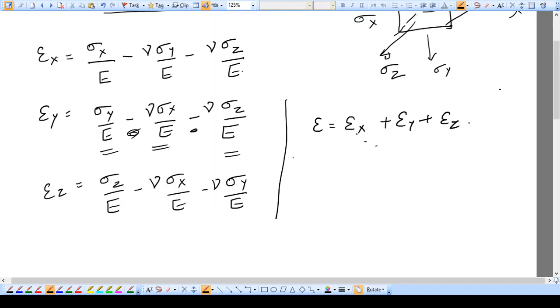So when you add all this, I will be getting sigma x by E plus sigma y by E plus sigma z by E. First I am adding these three terms.